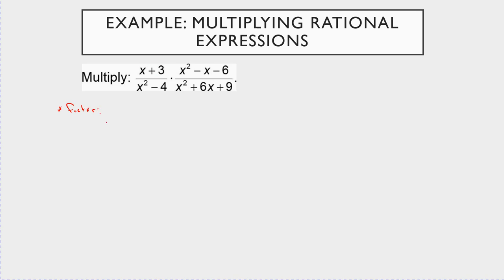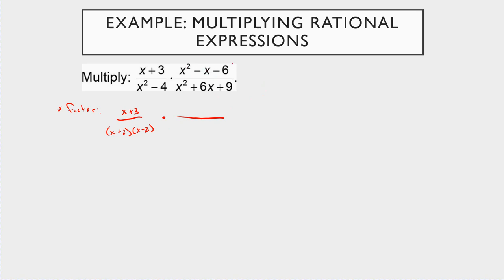All right, so x plus 3 stays, nothing you could do there. How about x squared minus 4? Well, that is the difference of two squares, so that's going to factor as x plus 2 times x minus 2. Now we've got a trinomial. Let's play the number game.